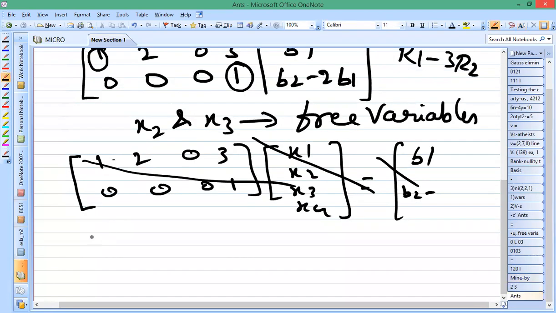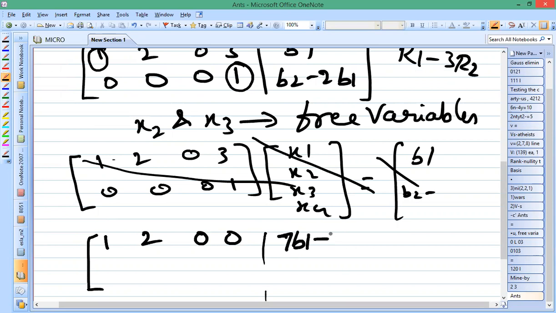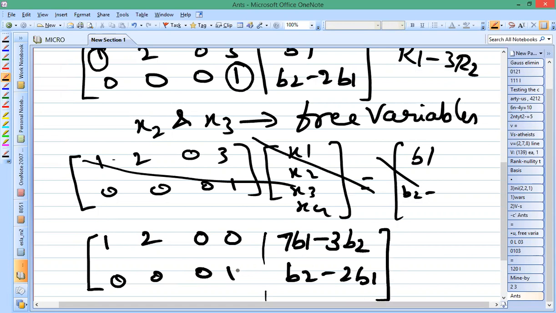Applying R1 minus 3R2, the first row becomes 1, 2, 0, 0 with right-hand side 7b1 minus 3b2, and the second row is 0, 0, 0, 1 with right-hand side b2 minus 2b1. Pivots are present in the first and fourth columns, and x2 and x3 are the free variables.